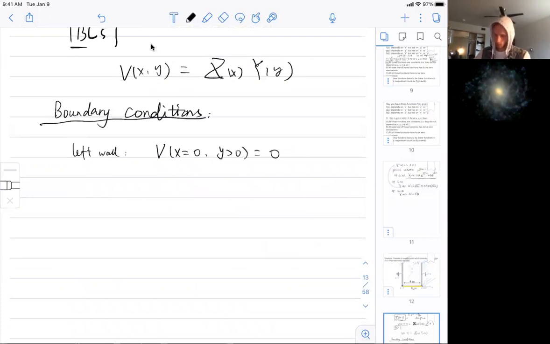So that's my left wall. The right wall is the same thing for y, above, at x equals 4 meters. Let's just keep it very general, so some distance a, is 0.